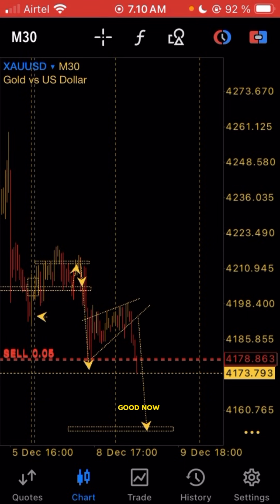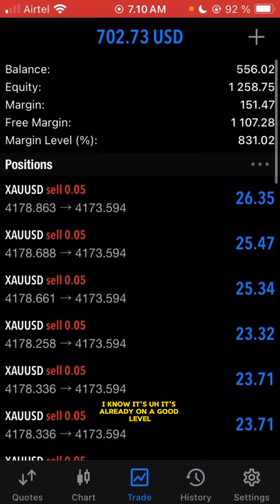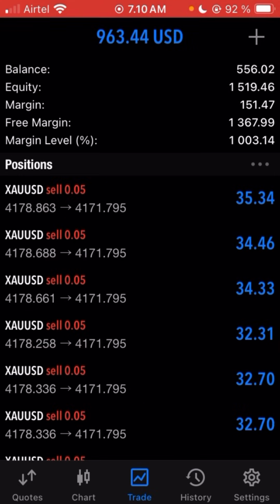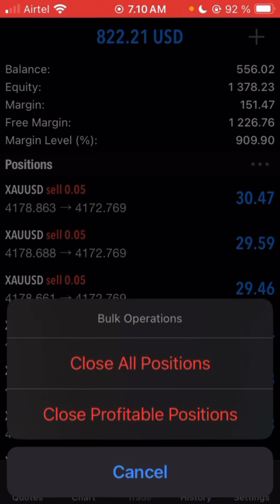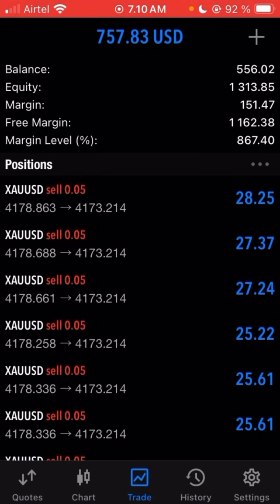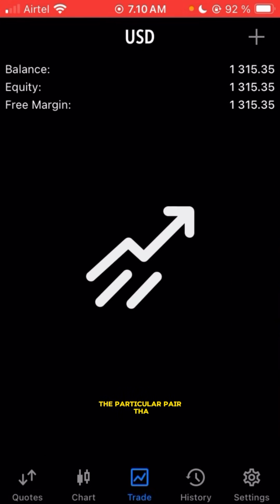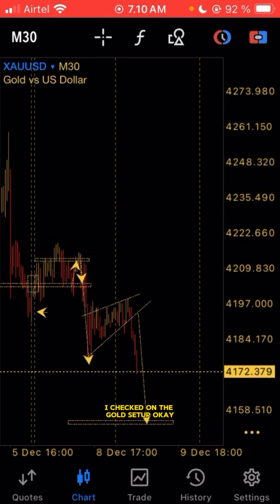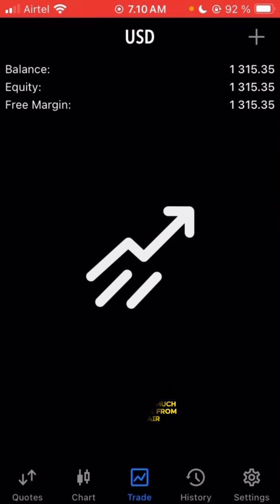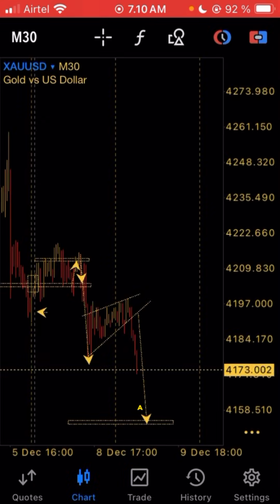Good. Now we are not done yet. I know it's already on a good level, but there is still one more thing I need to touch. The particular pair that I wanted to trade before I checked on the gold setup. So we'll trade that pair and see how much we can make from that pair, and then that will be the end of it.